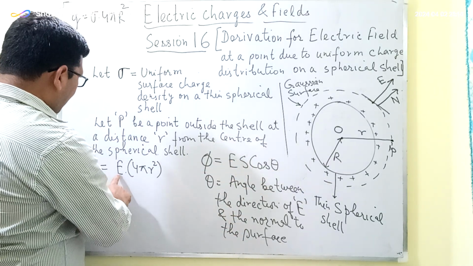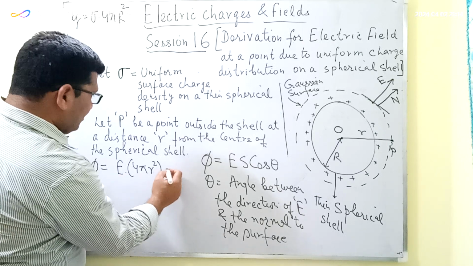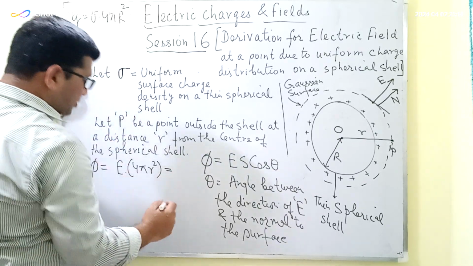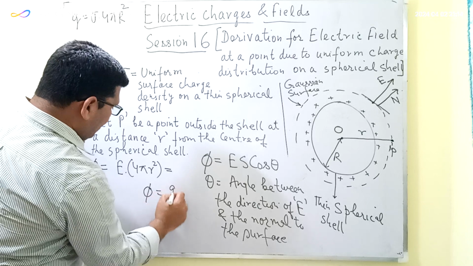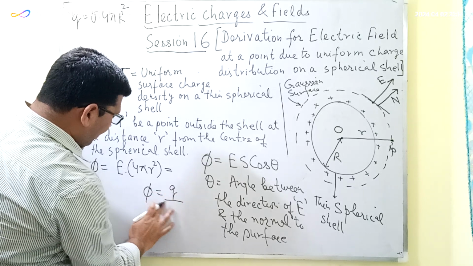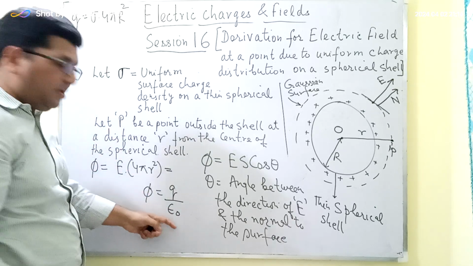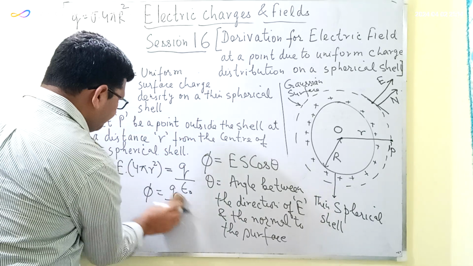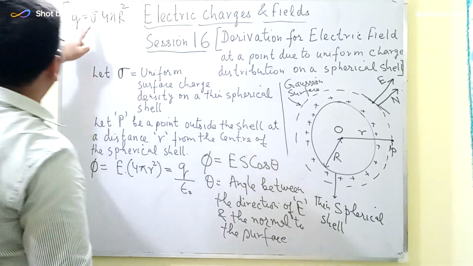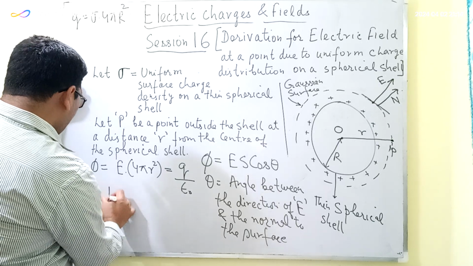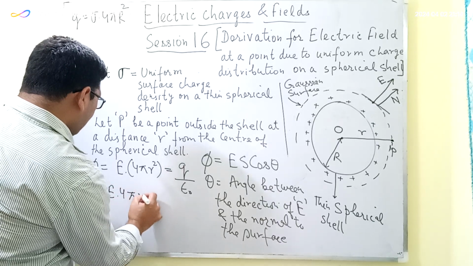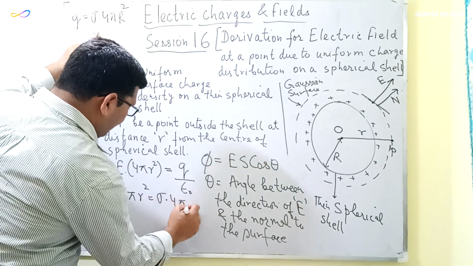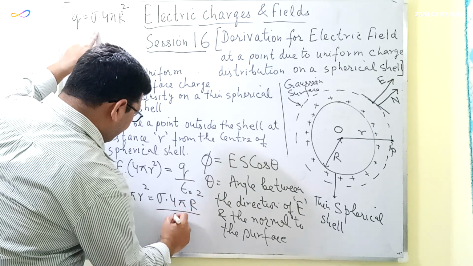So phi will be equal to E into 4 pi R square into 1, because cos 0 is equal to 1, and as per the Gauss law, phi is also equal to Q upon epsilon naught. Okay, so I will be using this, phi will be equal to Q upon epsilon naught. The value of Q is sigma into 4 pi R square, so it implies that E into 4 pi r square will be equal to sigma into 4 pi R square divided by epsilon naught.